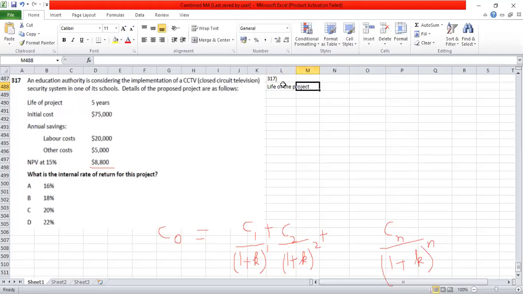Life of the project is 5 years. After that, we have initial cost. Initial cost is 75,000.